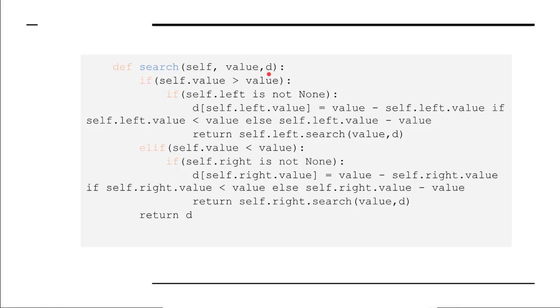In the beginning, we will pass an empty dictionary here, and we'll use it to store the difference between the current node and this value. Here I'm checking the two values, and if the current node is greater, I'll move to the left subtree. If the current node is smaller, I'll move to the right subtree. But as I said, before moving I'll store the difference between the two values in a dictionary.